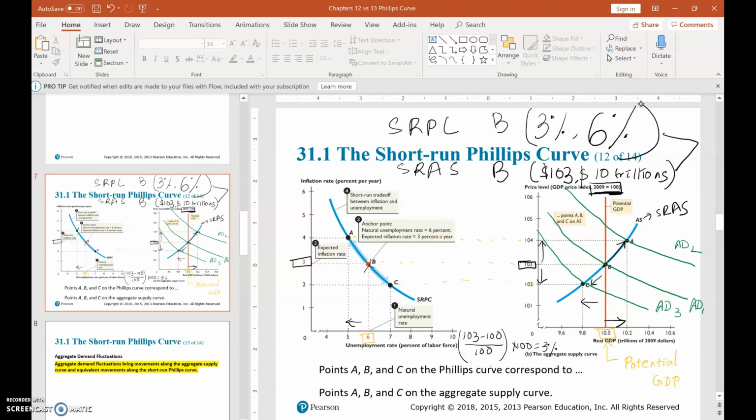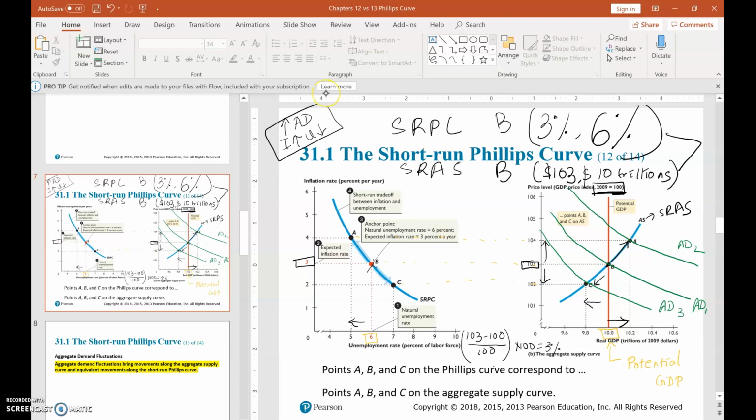So my inflation rate, if I compare points B and C, went down, and the unemployment rate went up at point C compared to point B. My take home or conclusion from this slide is, if I increase aggregate demand, the inflation rate will go up, unemployment rate will go down, and vice versa.